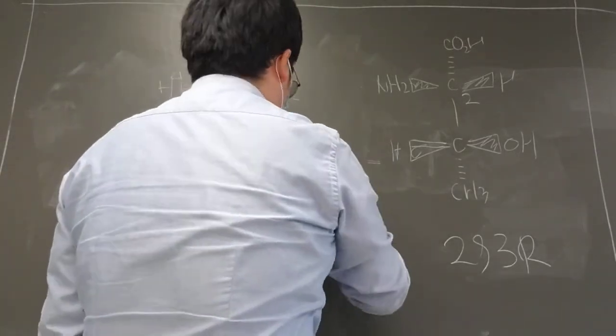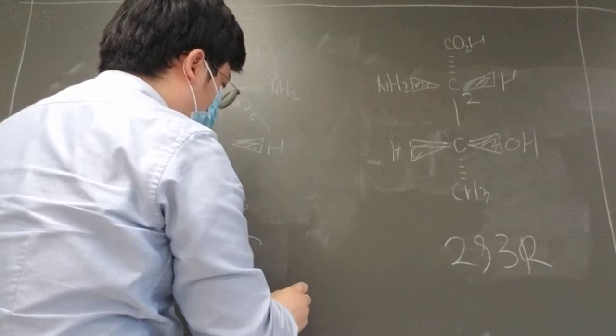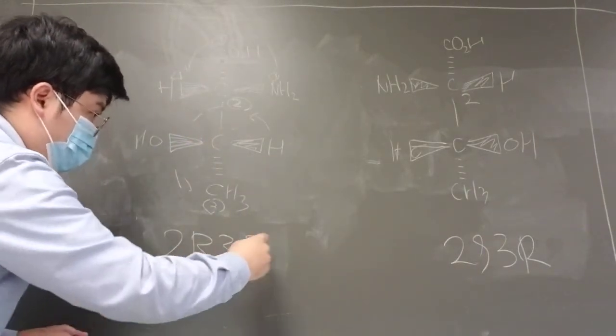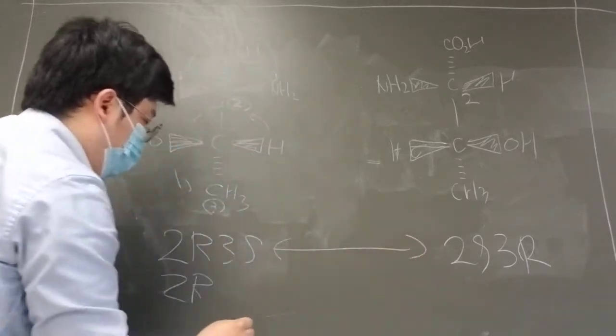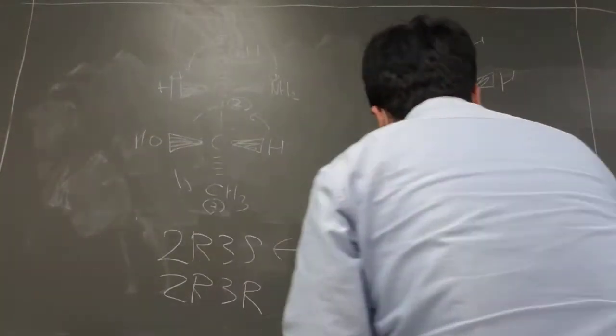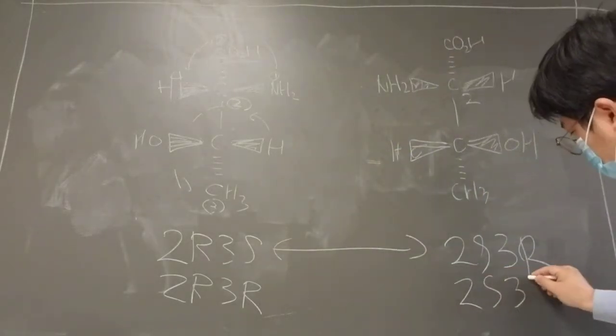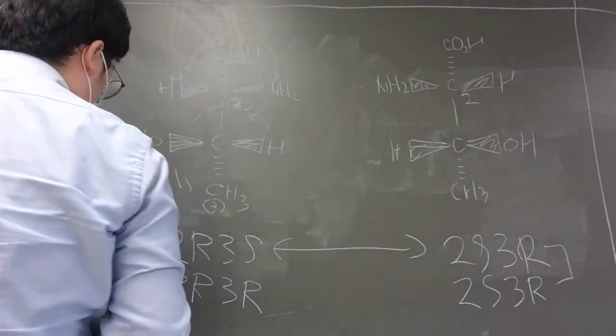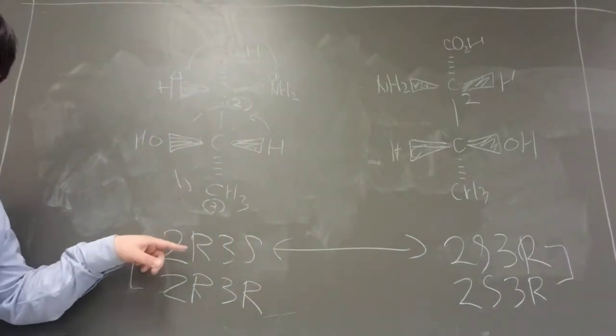All right, so there's one thing I can say. Now you're thinking, all right, so those two are the enantiomers for sure. I got it. But how about this one? Those two are not opposite on only one side.